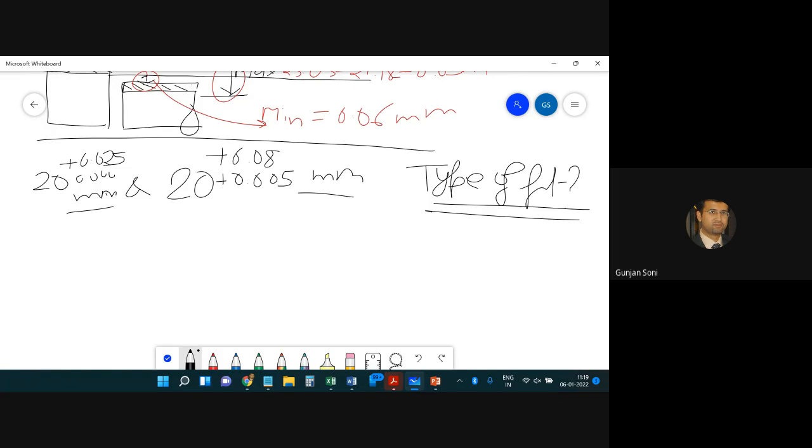No, all of you are writing just transition fit. You're not giving your values. You have to write the minimum and maximum value. And then you have to conclude on the transition, whether it's a transition fit or interference fit.